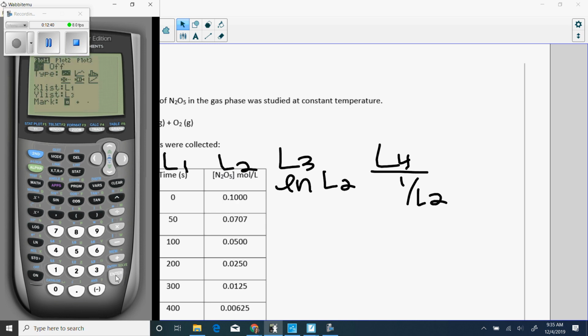I'm picking the first one, turning it on. My blue graph is concentration versus time, which is L1, L2. Zoom 9 gives me my stat plot.